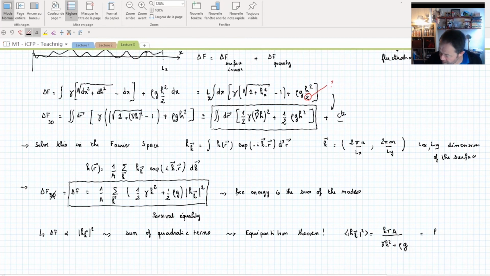That can be rewritten a little bit: kT over gamma times 1 over (k squared plus kappa squared), where kappa^-1 is the capillary length, sorry.